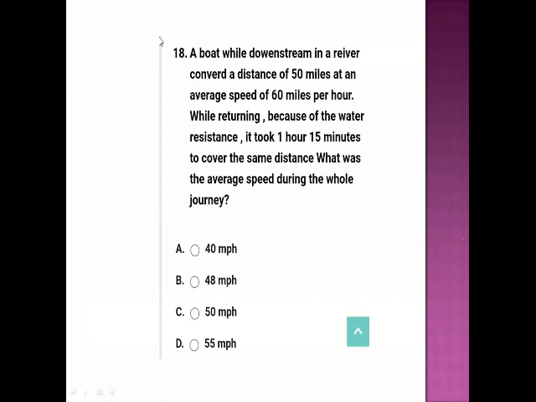While returning, because of the water resistance, it took 1 hour 15 minutes to cover the same distance. What was the average speed during the whole journey?